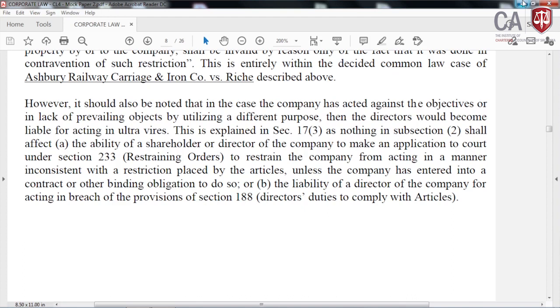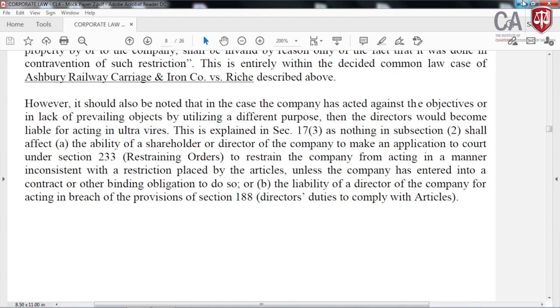because the action would be against the directors who have taken such a decision to deviate from the purposes provided in the Articles of Association, thus absorbing some new objects into it.